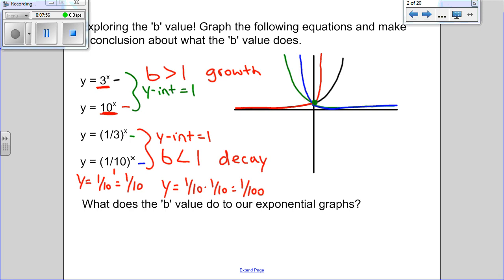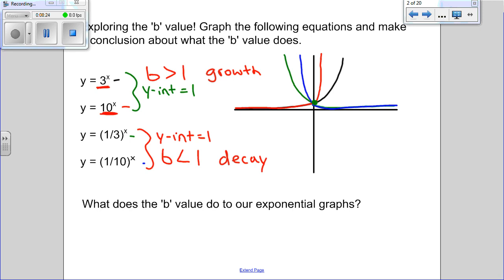All right, the other thing you're going to notice, which one of these had a more sharp decrease? The green one went a little wider, right? The blue one was much sharper. So that means the closer to 0 you are, the sharper it is. So this one was sharper. Oh, that's the eraser.